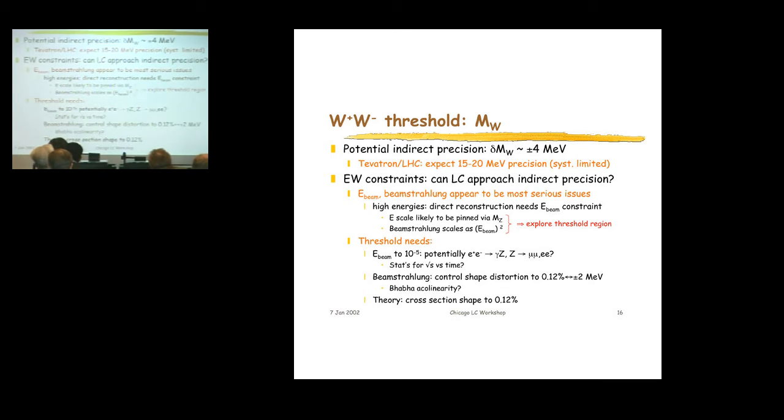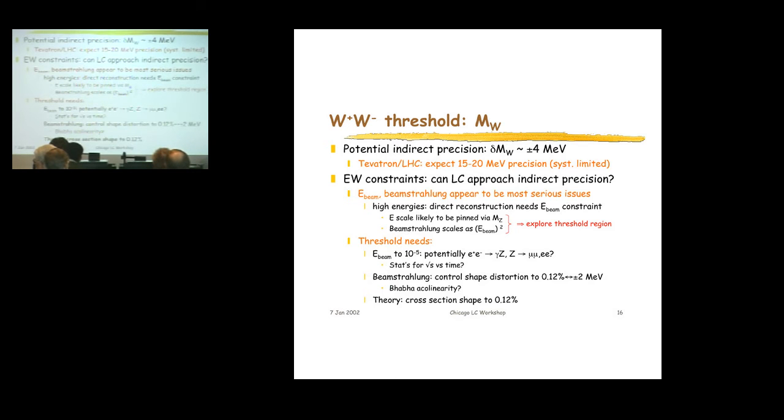And the question is whether the linear collider could approach such a precision. Once again, it turns out to be the beam energy scale and the beamstrahlung effects that will be the most serious issues. And in terms of the direct reconstruction of the W mass at high energies, one needs a beam energy constraint.